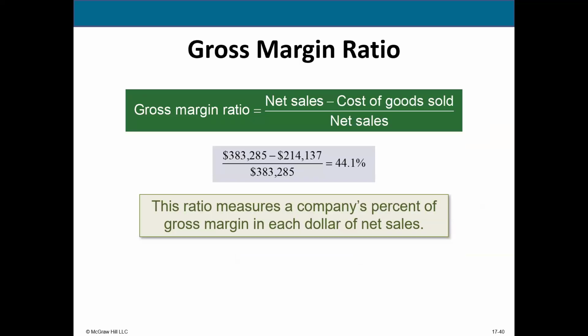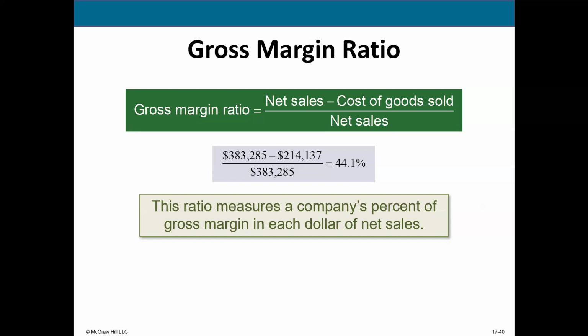The first one in this area is called the gross margin ratio. This is the company's percent of gross margin to each sales dollar, or each dollar of net sales. Gross margin is sales minus cost of goods sold. That gives us gross margin.